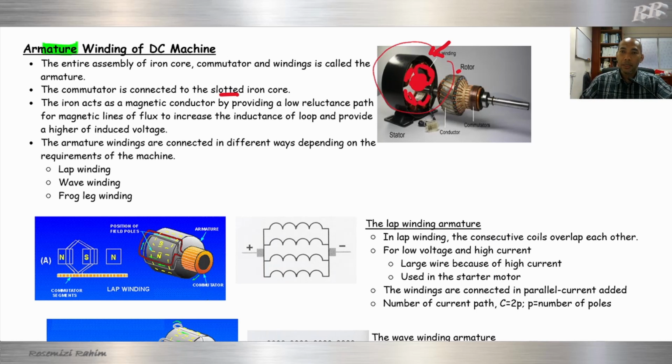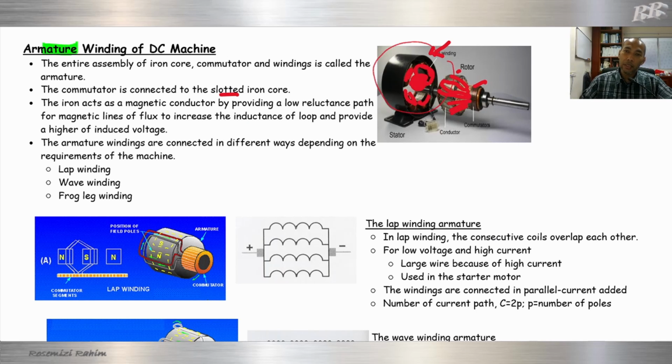The rotor has a conductor wire here. This conductor wire will cut the magnetic field. Based on Faraday's law, when the conductor cuts the magnetic field, it produces an induced EMF at the rotor part.